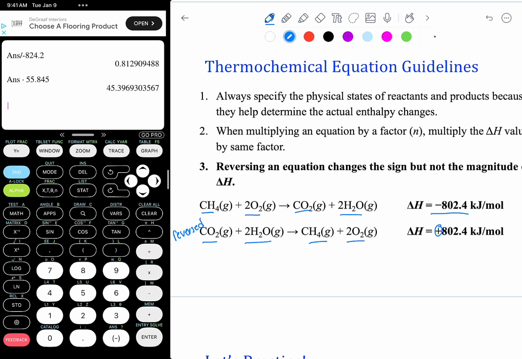So if you reverse an equation, you change the sign. You either go from a negative to a positive or a positive to a negative. You're essentially changing an endothermic reaction to an exothermic reaction, or an exothermic reaction to an endothermic reaction, in order to do the complete opposite.